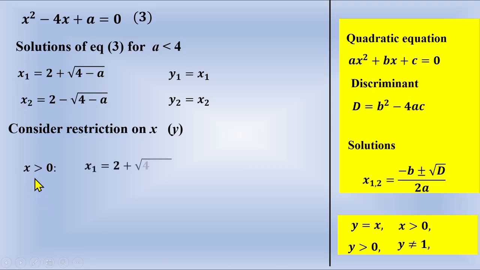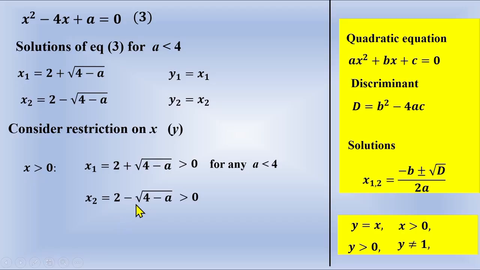So for x greater than 0, the first root of the quadratic equation is greater than 0 because here is a positive 2 and here is a positive square root. So this holds for any a smaller than 4. The second root we should analyze because here is a difference.